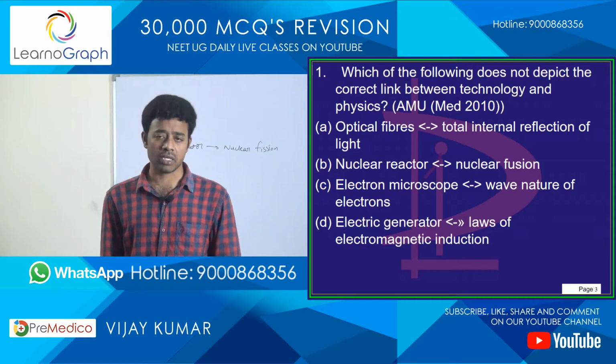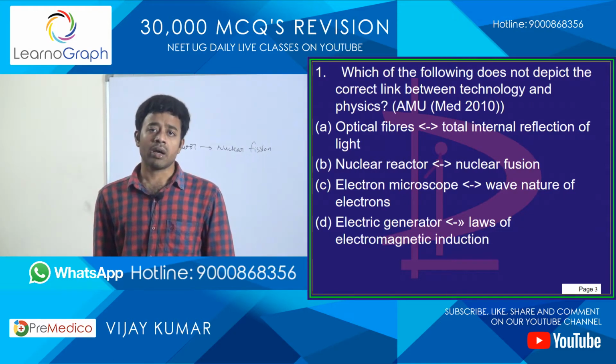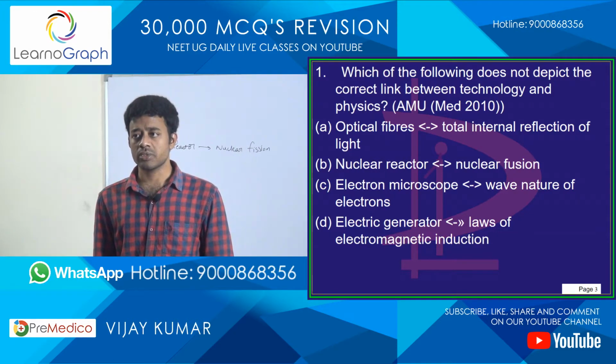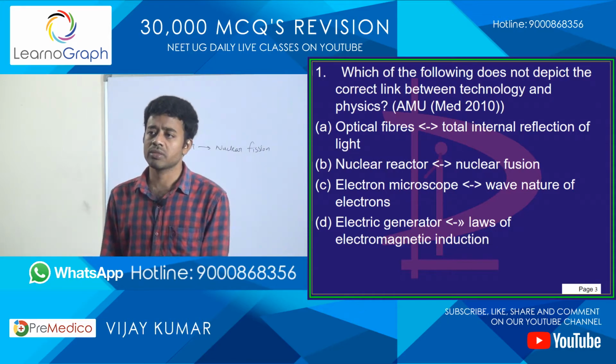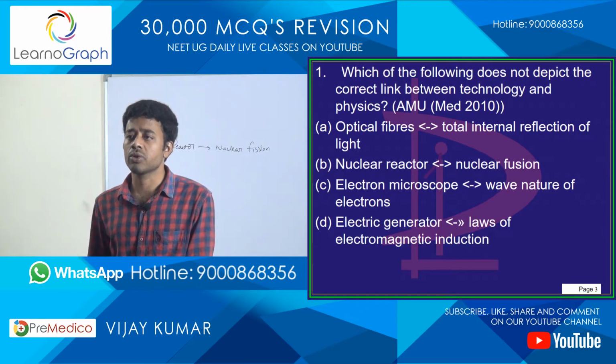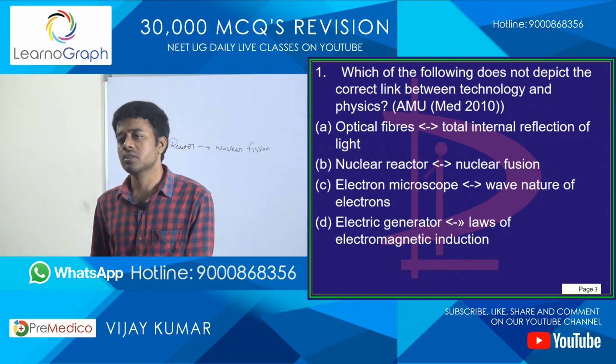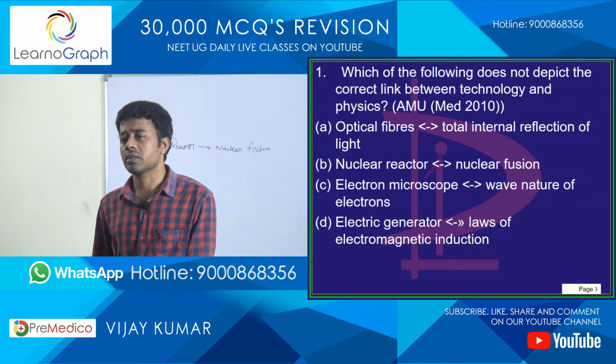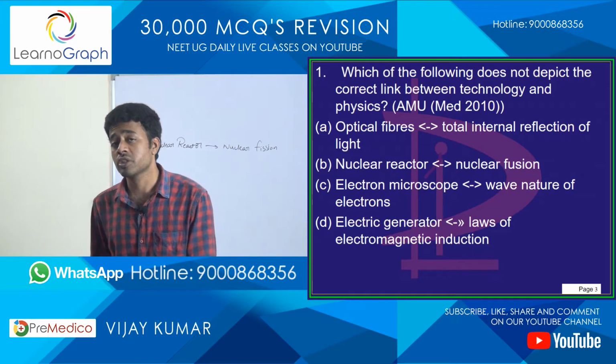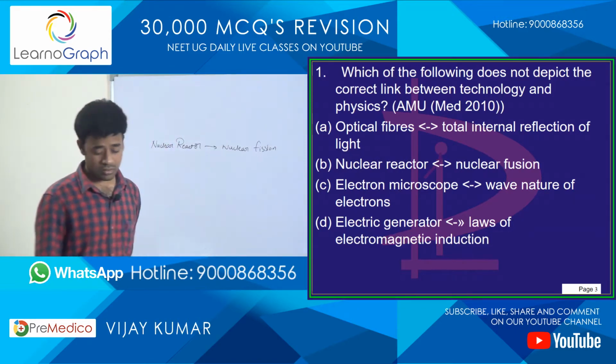Absolutely, because of electromagnetic induction only, the working of an electric generator is possible. So from option B, we have seen that the nuclear reactor works on nuclear fission but not on fusion. The incorrect option is B.